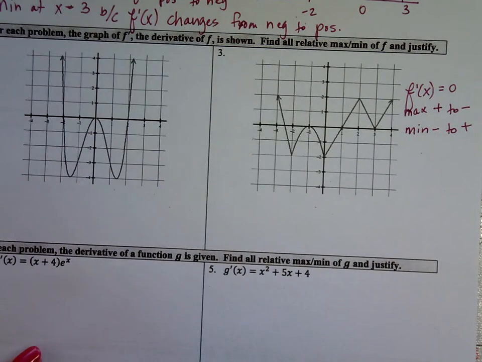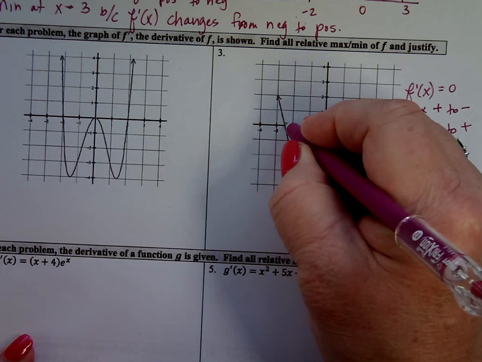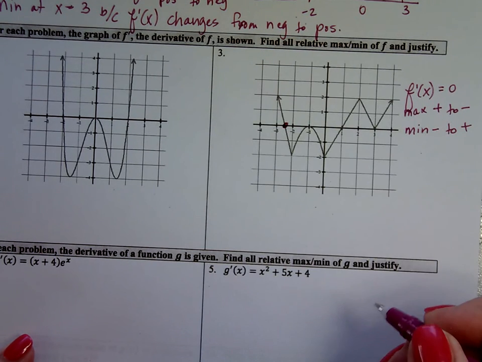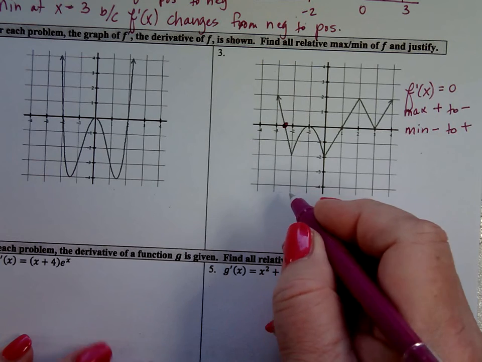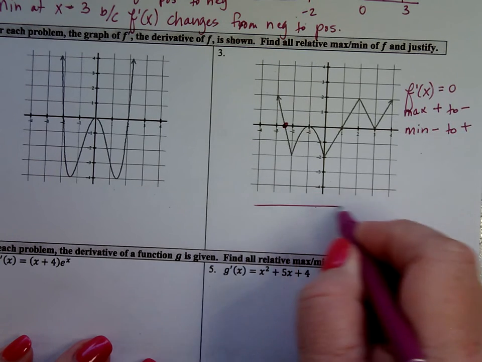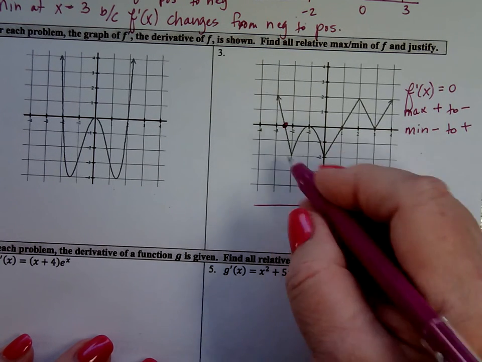So let's take a look at it. The first thing I have, if I read it from left to right, is this. And you could make a sign chart out of this before you even answer the question if you wanted to. If I were to make a sign chart out of this, the first place I have is -2.5.